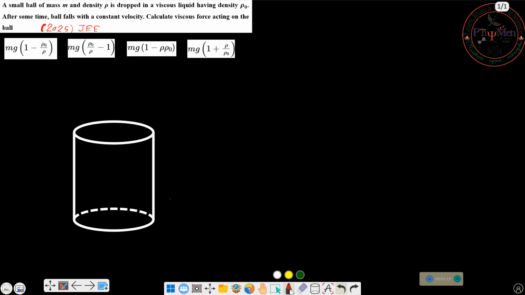The ball falls here. Here is a liquid of density rho naught.